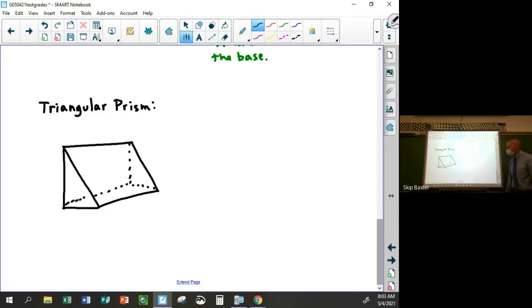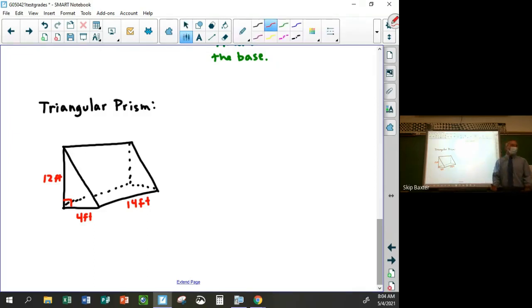And let's say the triangular base is actually a right triangle. And let's say this is 4 and 12 and 14. And let's say the units are feet, and it's a sculpture. Or it's a really big piece of cheese.